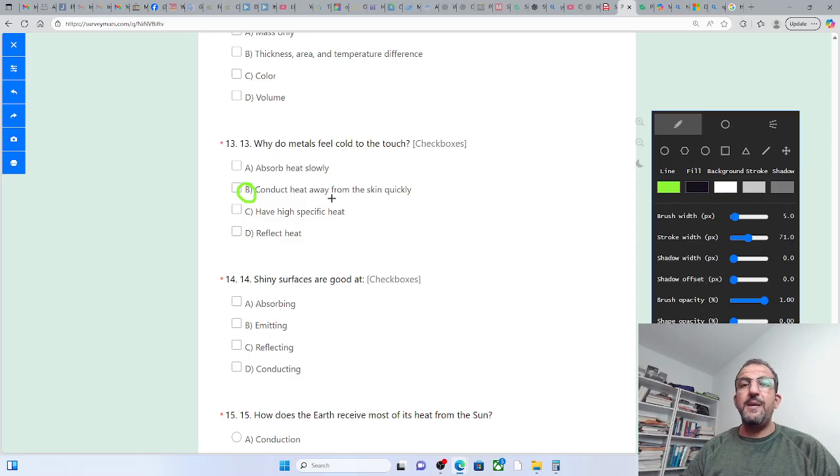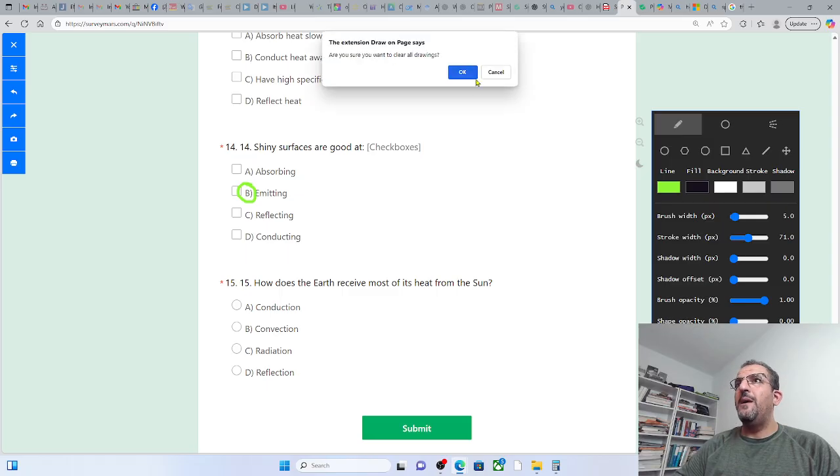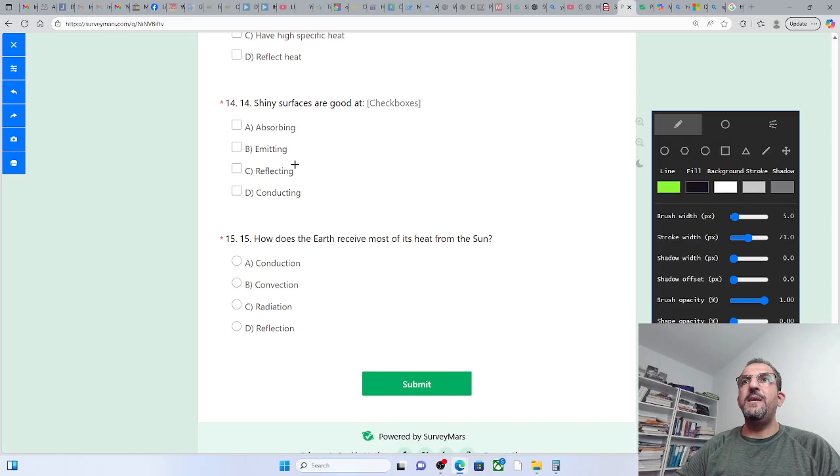They conduct heat away from the skin, so that's why you feel the piece of metal is so cold. And number 14, shiny surfaces are good at absorbing, emitting, reflecting, or conducting? Of course, a shiny surface does very good work at reflecting.